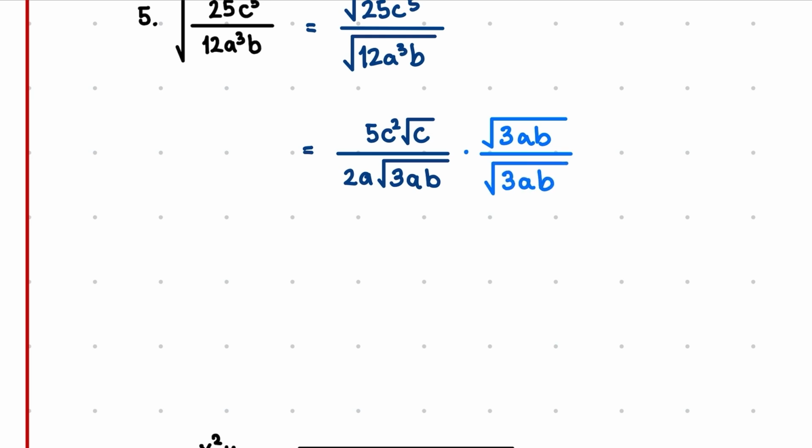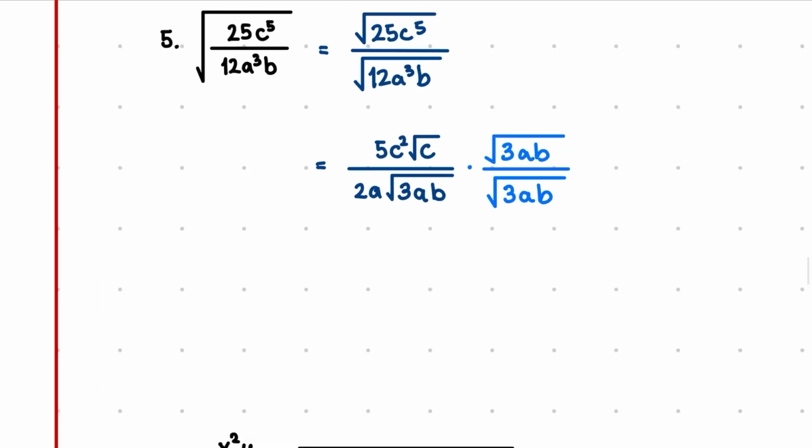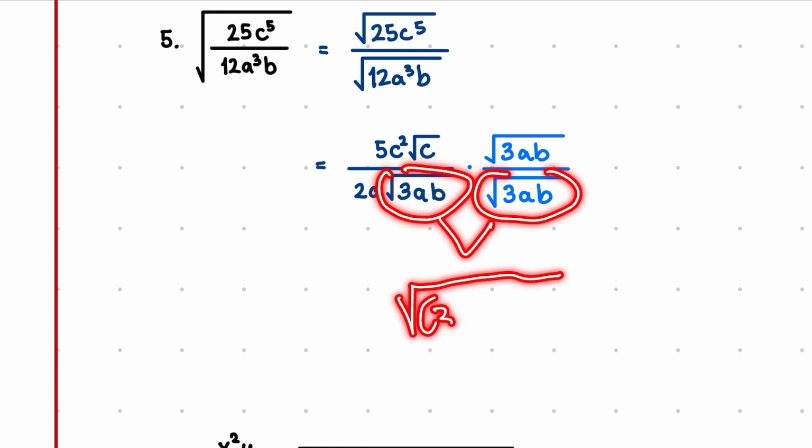Notice that when we multiply these two, that would be equal to 3ab, since in multiplying radicals, we just multiply the radicand as long as they have the same nth root. And then we can just cancel out this one and this one. So we'll be left with this.